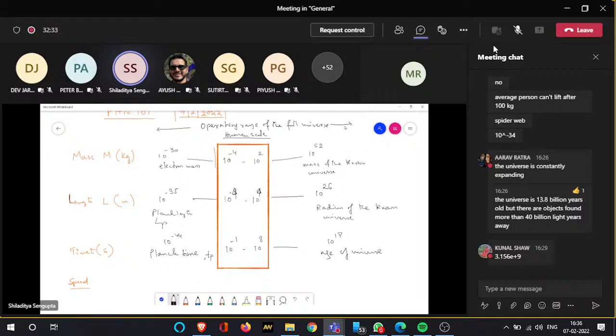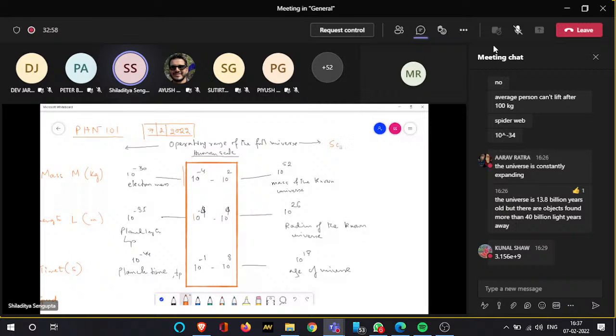You can see that the operating range of the full universe is actually huge, and out of that, a very tiny window is the human scale. There are two things I want to say here. First, this operating range of the full universe is what is called the scope of physics. This is what you can study in physics, the full range which this subject deals with.